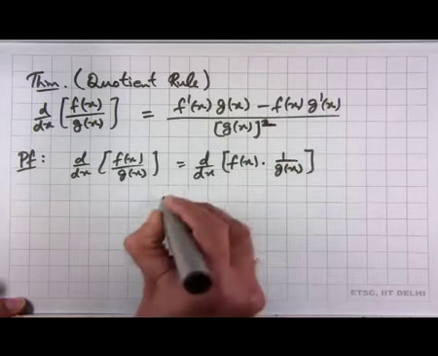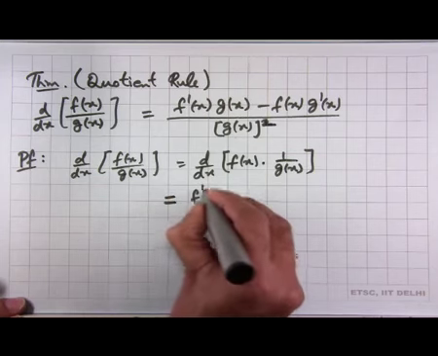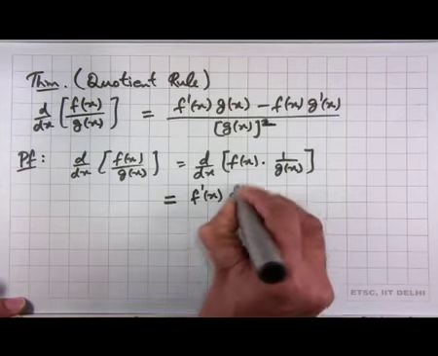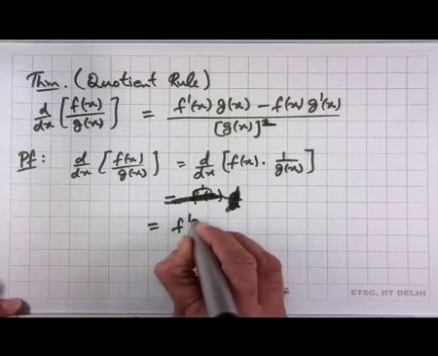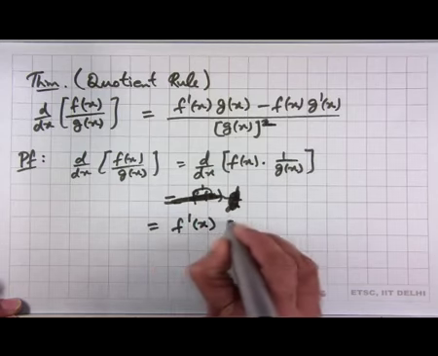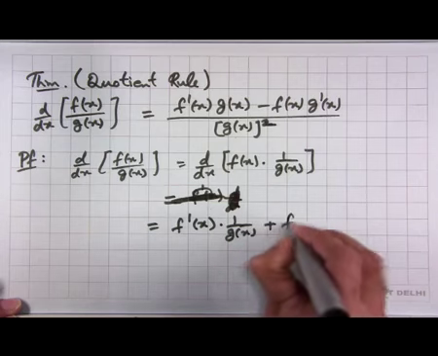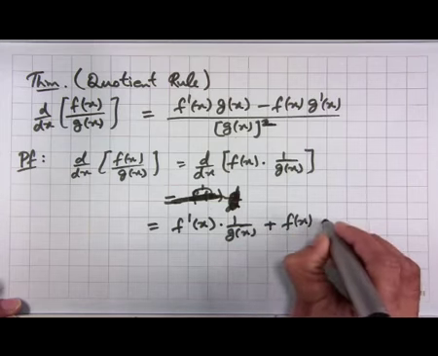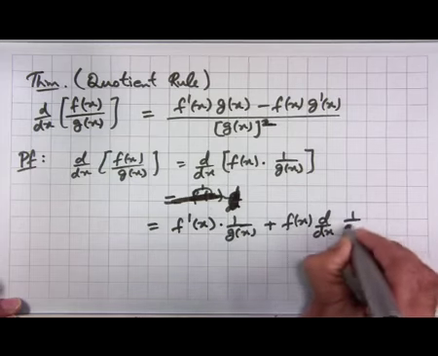and then by the product rule, this is equal to the derivative of the first function, f prime x, times 1 by g x, plus f of x times the derivative of the second function, d by dx of 1 by g x.